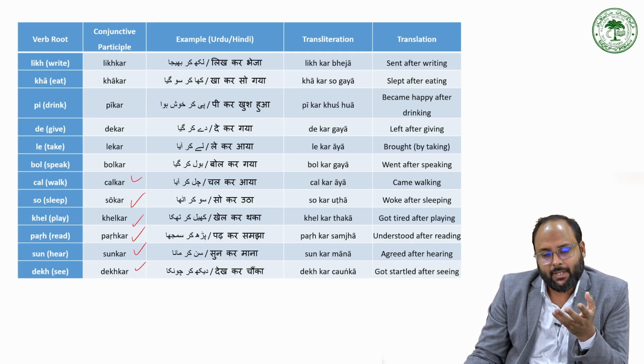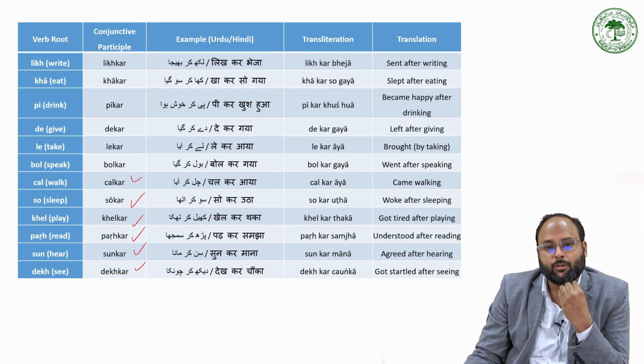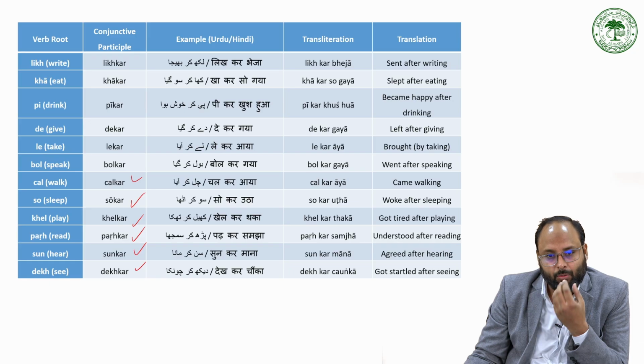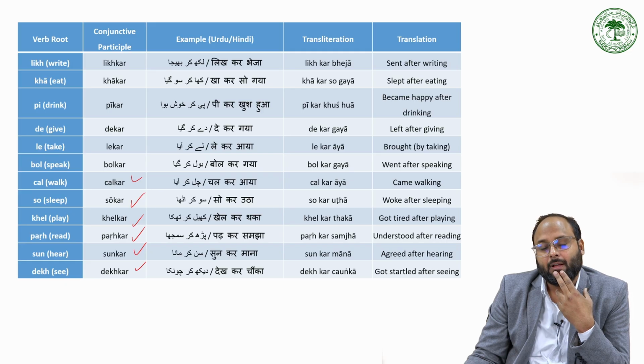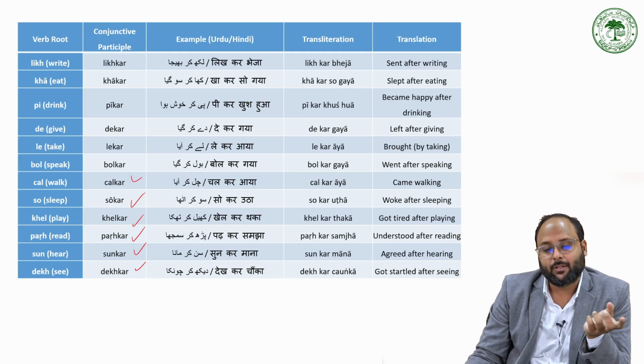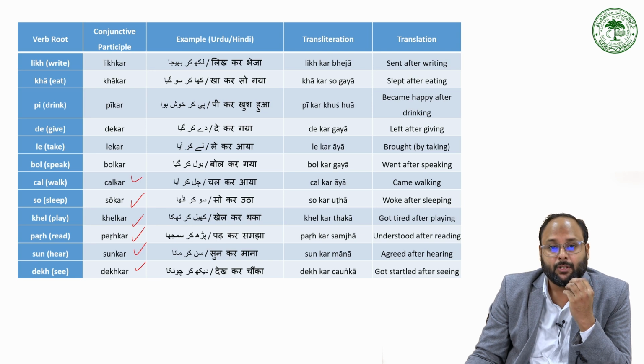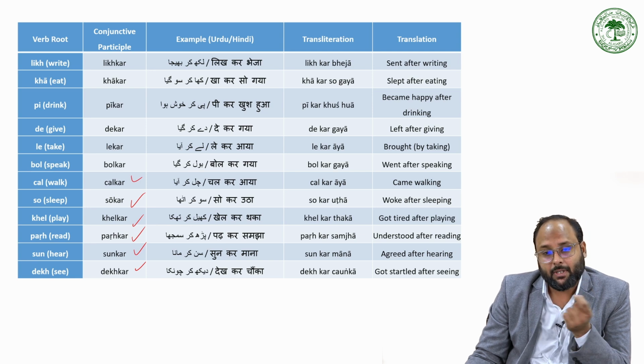We can also add a subject: चलकर आया, सोकर उठा, खेलकर थका, पढ़कर समझा, सुनकर माना गया. यह लड़का खाकर सो गया. So here खाकर सो गया has two events, and there is only one subject. वो पीकर खुश हुआ, लड़का पीकर खुश हुआ. देकर गया, वो खत देकर चला गया.